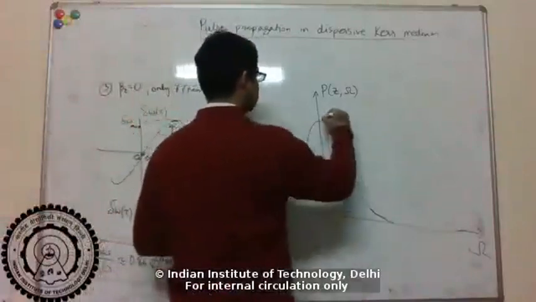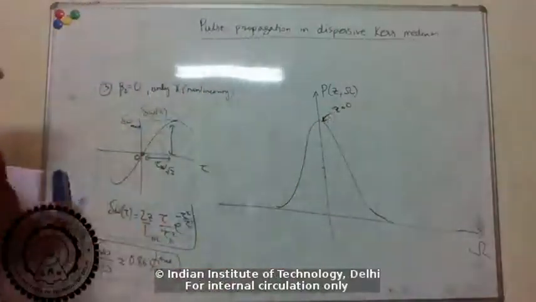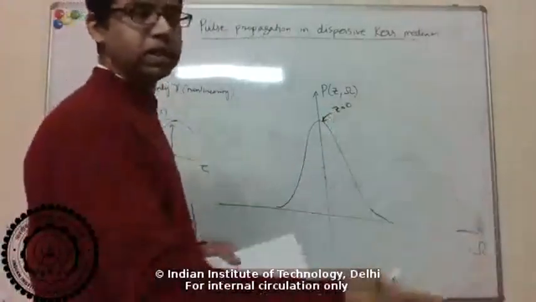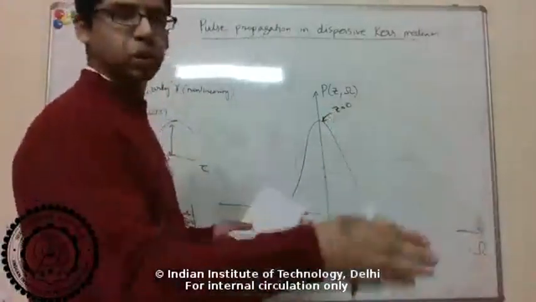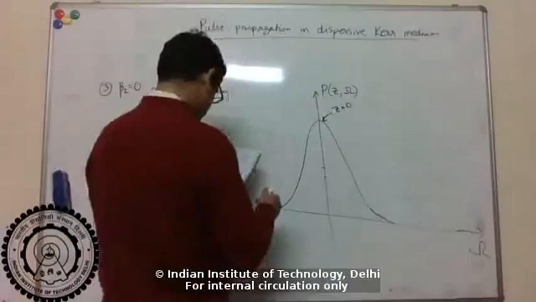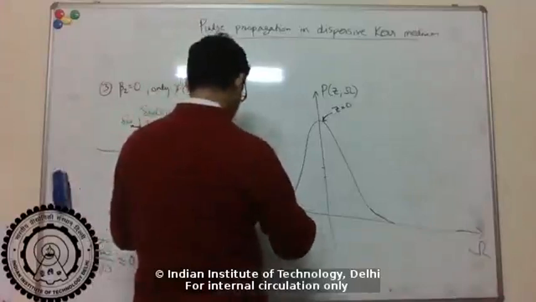So this is my input pulse, z equal to 0. As you propagate, you acquire more and more nonlinear phase shift, which broadens the spectrum more and more. When the nonlinear phase shift reaches pi, it looks like this.